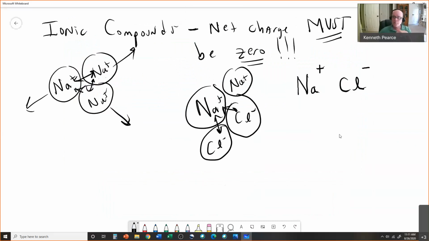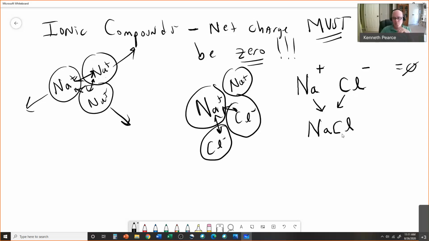There we go. And we're going to push these together to make a compound. All right, now we have to check, and we can't skip this step. We have to make sure that the charges add up to 0, and they do. This adds up to 0. And so I see sodium chloride, and there's our compound right there.